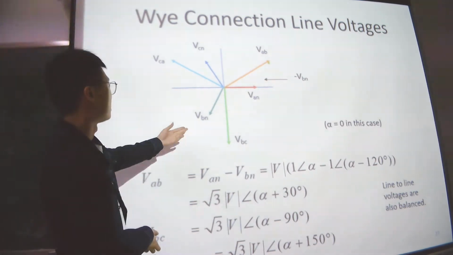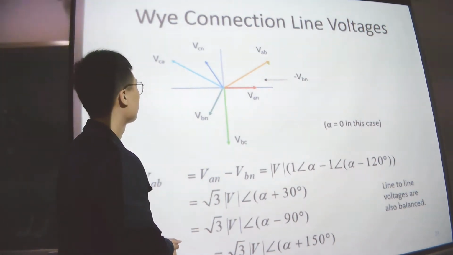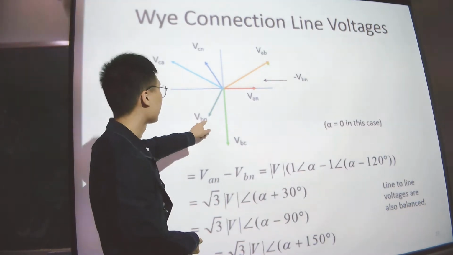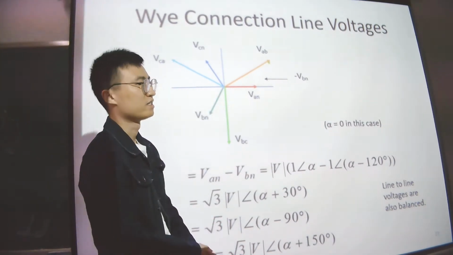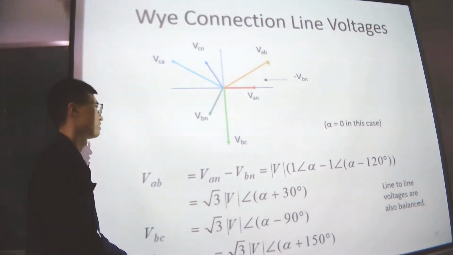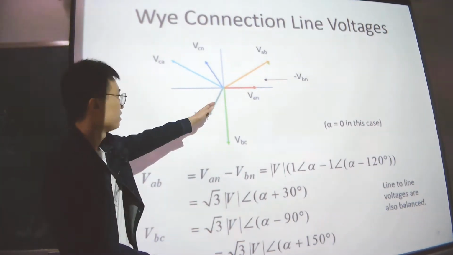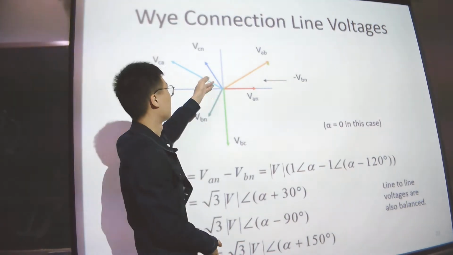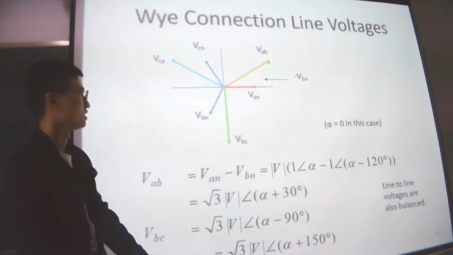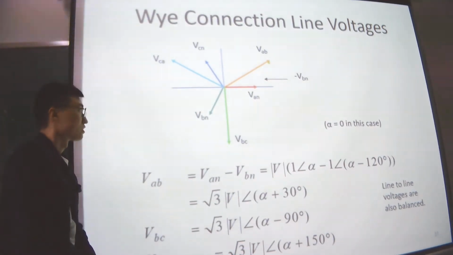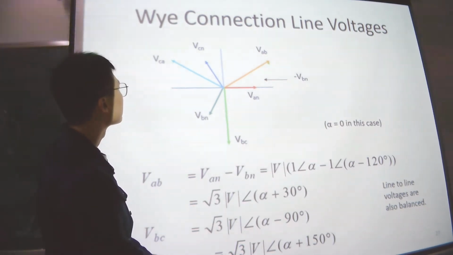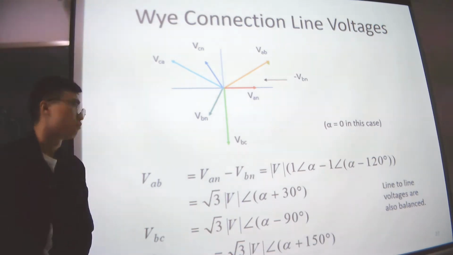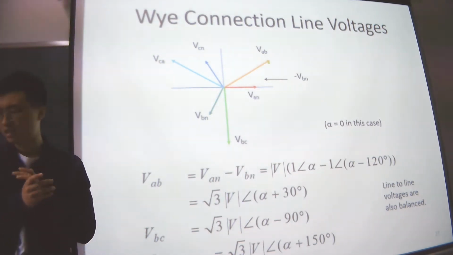So these are the vectors. We can see that it is VAN, VBN, and VCN. This is the phase voltage, and this way is the line voltage.